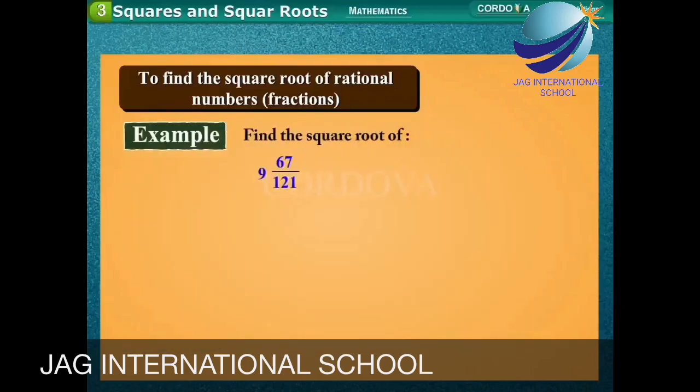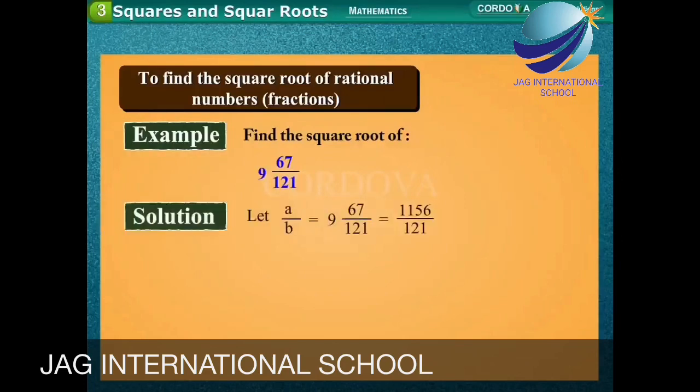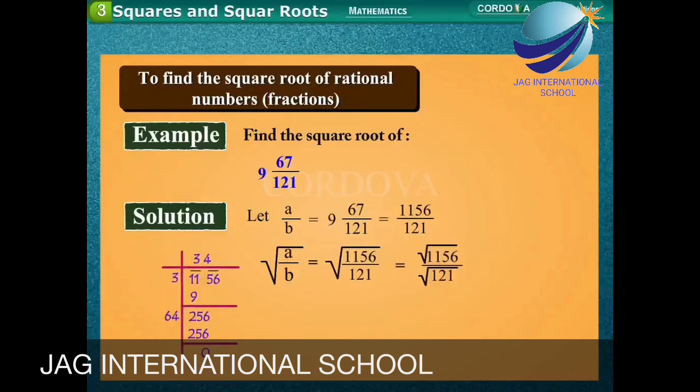Example, find the square root of 9 and 67 upon 121. Solution, let a upon b is equal to 9 and 67 upon 121, which is equal to 1156 upon 121. Square root of a upon b is equal to square root of 1156 upon 121, which is equal to square root of 1156 upon square root of 121.